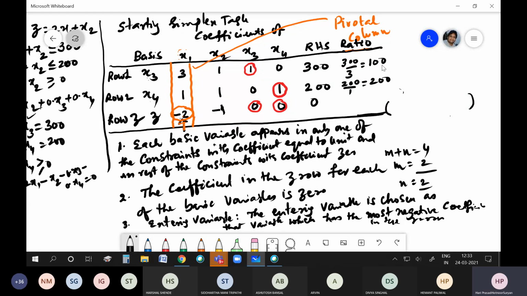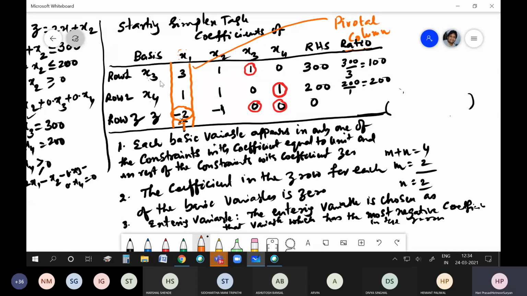So which one will go now out of the basis? X3, which has the minimum ratio, 100. So this X3 will go.